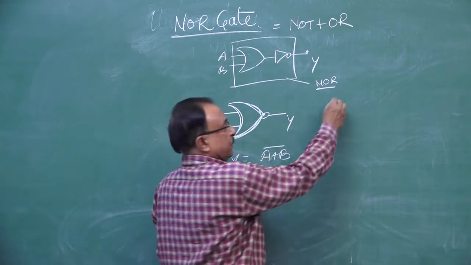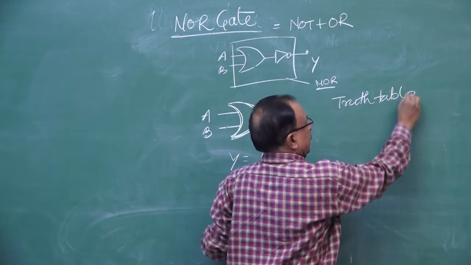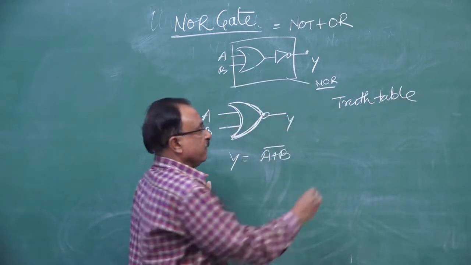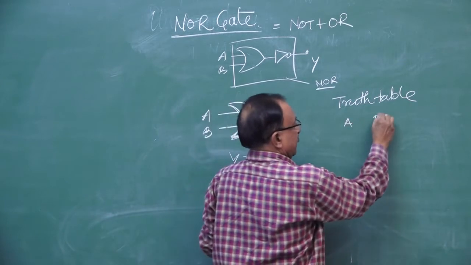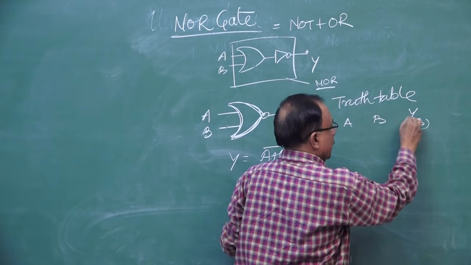The truth table for the NOR gate will be: we write A, B, and Y, where Y is (A plus B) NOT.